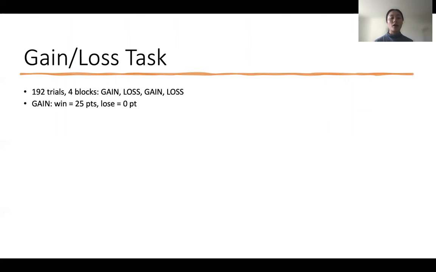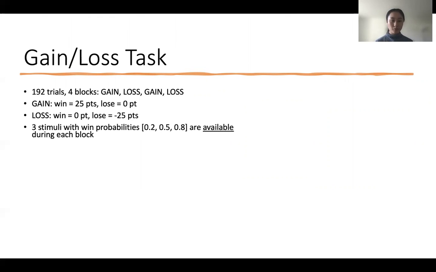In a gain block, winning means you get 25 points, and losing means you get no points. In a loss block, winning means you get no points, and losing means 25 points are subtracted from your current points. In each trial, participants were presented with 2 of 3 stimuli with win probabilities of 0.2, 0.5, and 0.8.